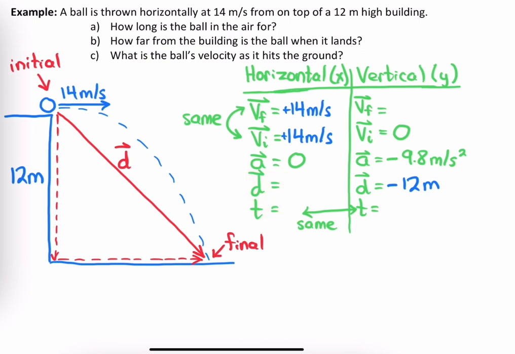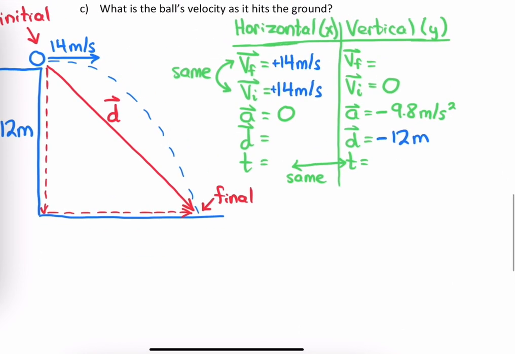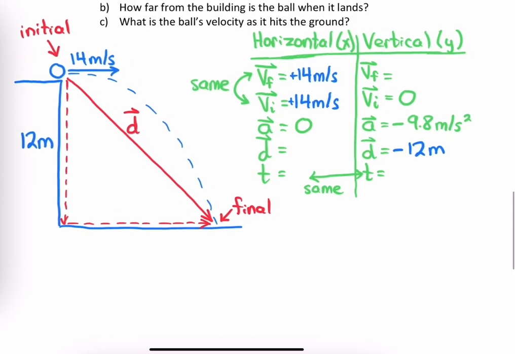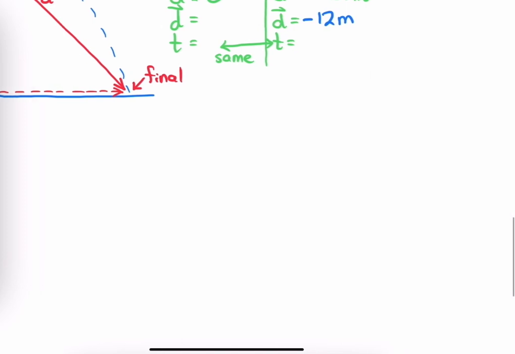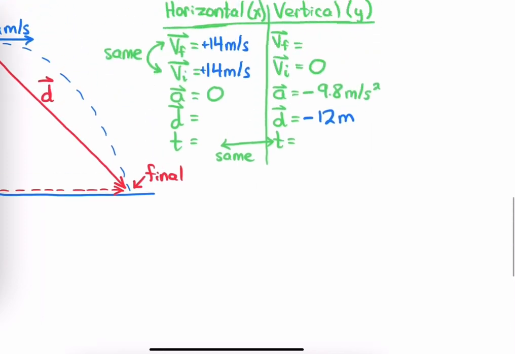So that's why I'm going to have to start on the vertical side. Let's give myself some more space to do these calculations. So, if I want to try and find t on the vertical side, I'm looking for an equation that has t but doesn't have vf.